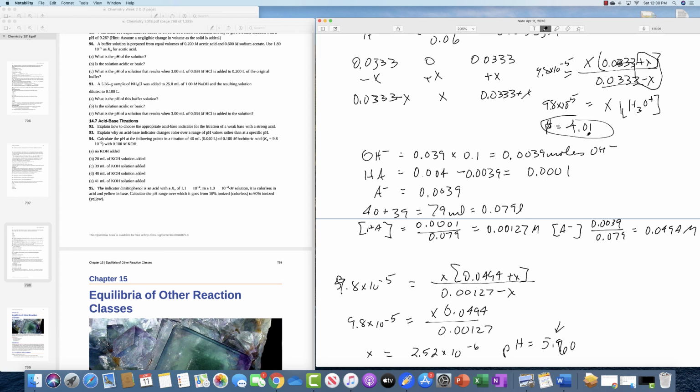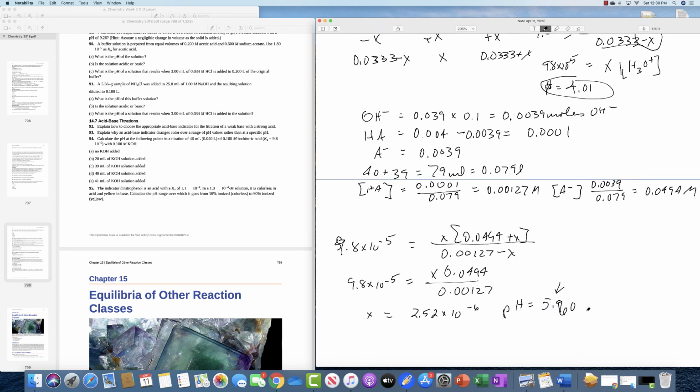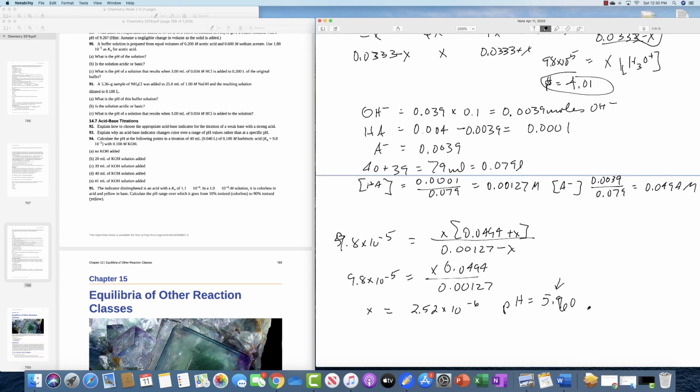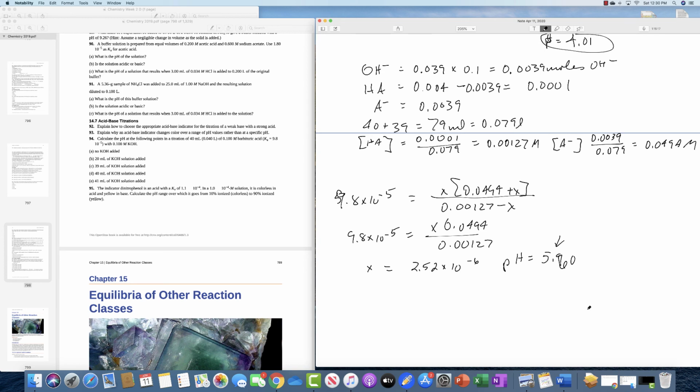You added 19, and you went up 1.6. As you can see, the next one is 40, and with 40, you'll see that the pH goes up even more, and that's what happens as you get close to the inflection point. So anyway, I'll let you do those last two on your own, and if you have any questions, I can work through those with you.